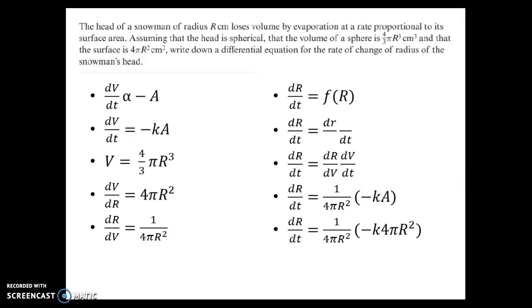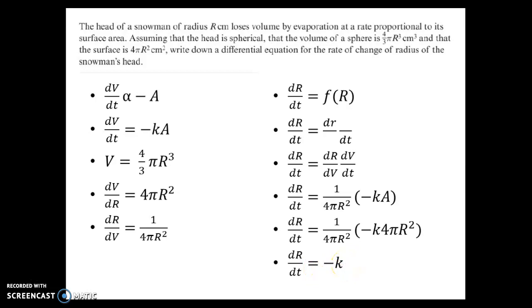So in fact, the 4 pi r squareds cancel, and it is a function of r, but that function of r is just minus k. So it's independent of r, but that's what we get. So there is no other variable in our expression. dr by dt is given by minus k, which is quite nice.